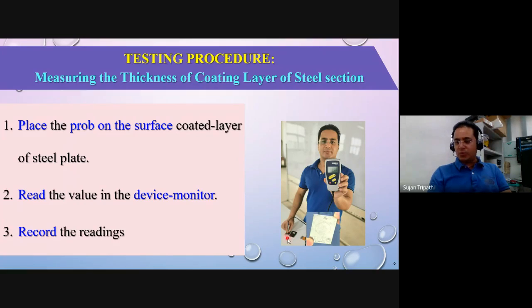I have kept one plastic that is thicker than this, and then we put the plastic layer above the calibration plate, put the probe there, and then we can see the value on the device monitor as the thickness of the coat. This is for the calibration. The same process you can apply for the coating in real field coating, right?